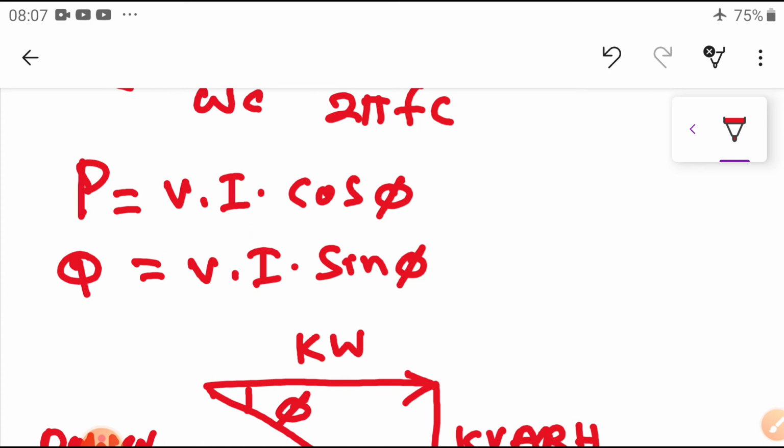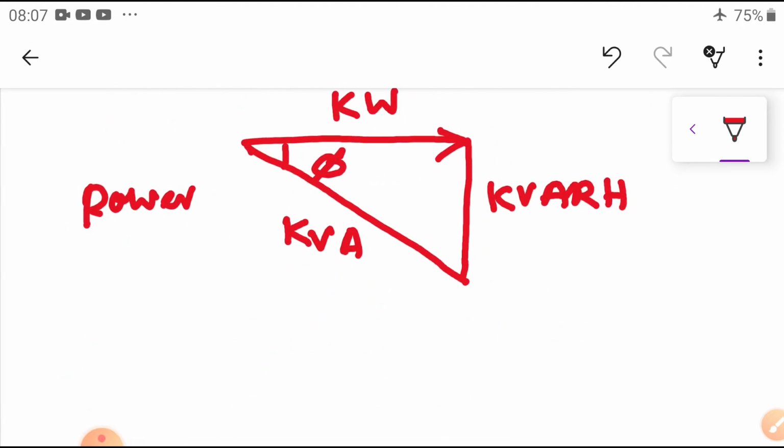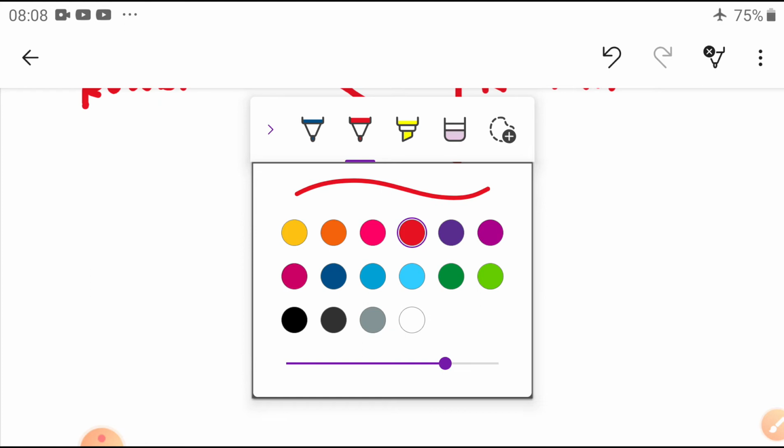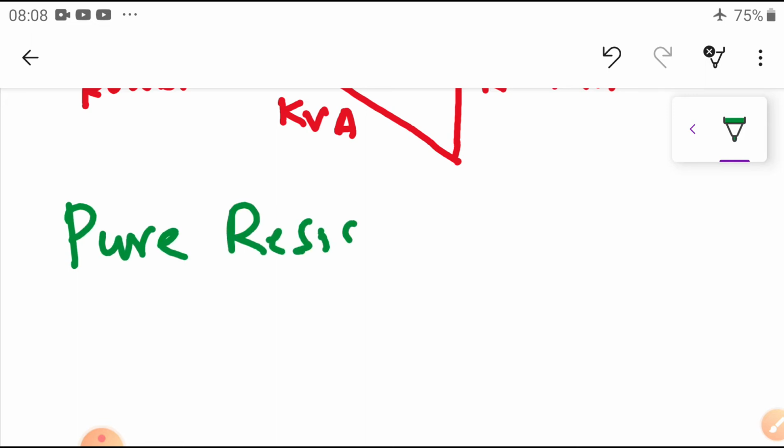Now, I want to see the behavior of simple circuits. In this class I am going to concentrate on pure resistance connected in the circuit.